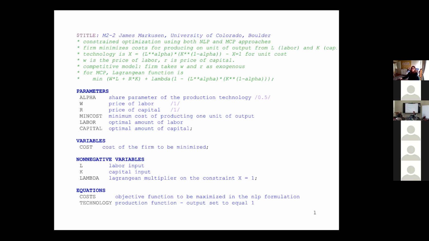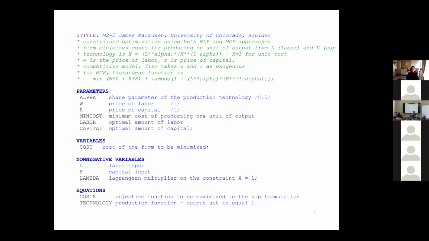So this model is going to minimize the cost of producing 1 unit of output from labor and capital. So there are 2 inputs. The technology is Cobb-Douglas: X is L to the alpha, K to the 1 minus alpha, where alpha is between 0 and 1. And X will be set equal to 1 when we solve for the minimum unit cost of producing 1 unit.